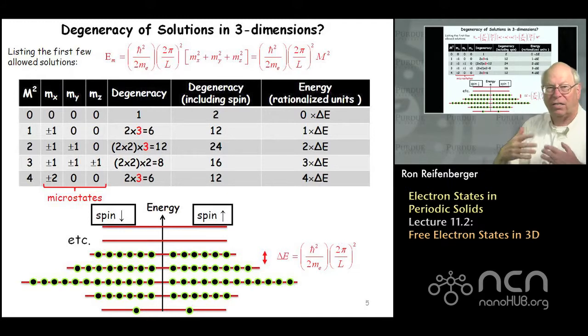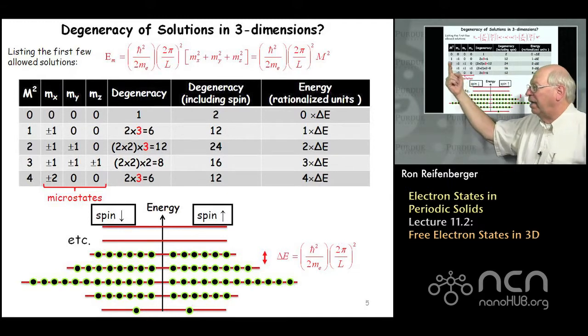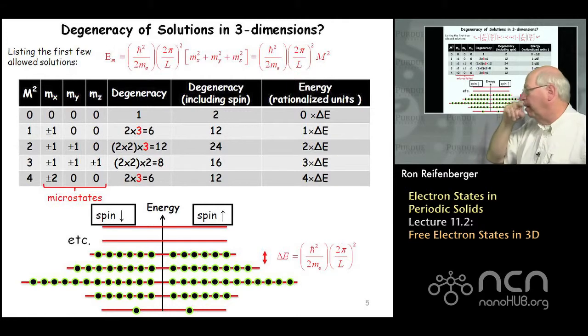When we go to the next highest value of capital M squared, the next highest value would be capital M squared equal to 1. That can be made up by having m sub x equal to plus or minus 1, m sub y 0, and m sub z 0. So there are two ways to make up this M squared equals 1 state, the plus or minus 1 in m sub x.